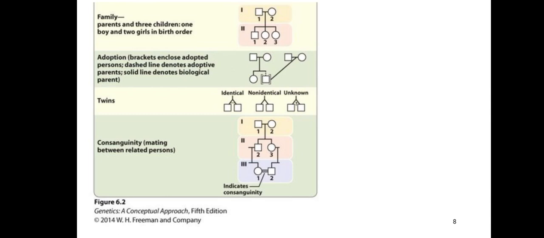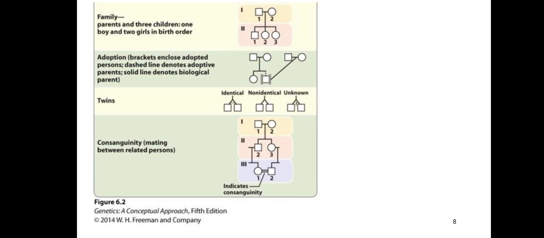Then the parents, I have told you already, are shown by drawing a horizontal line between the two, indicating that they were in a relation, they were spouses, and then we can draw the siblings, their offsprings, by putting a vertical line and again a horizontal line to mention the number of offsprings.